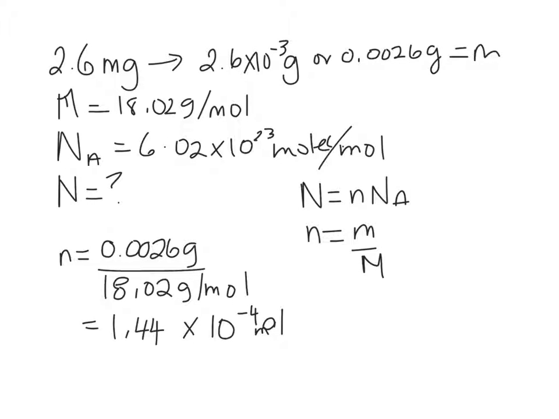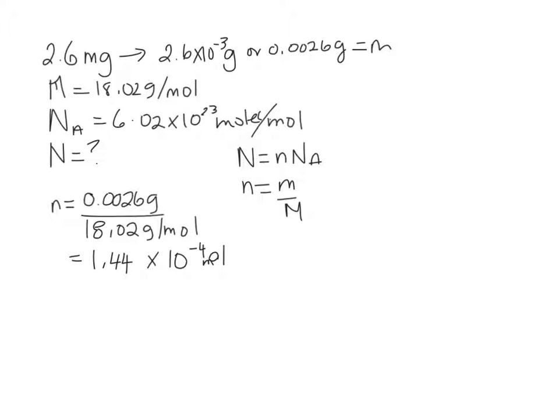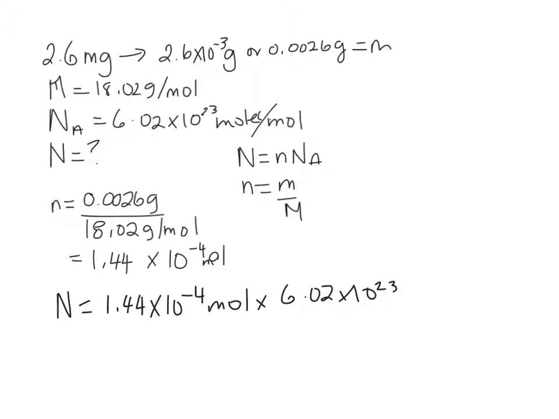All right, now we know the number of moles. Now you know the number of moles. You're going to plug it in the equation. Do you have to show the units when you're multiplying?